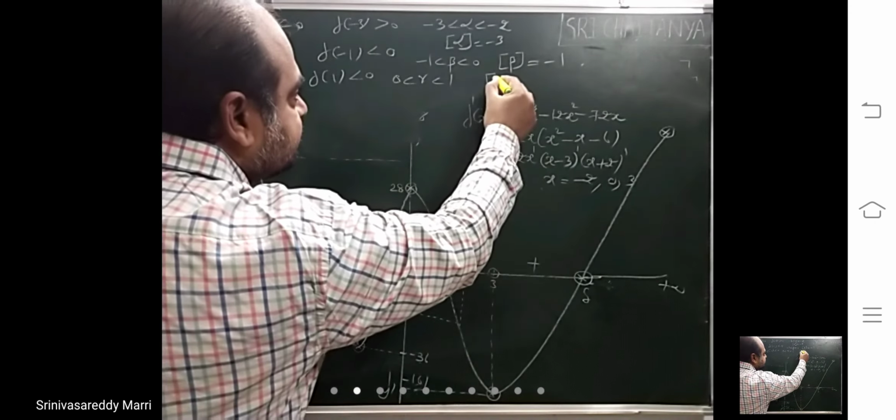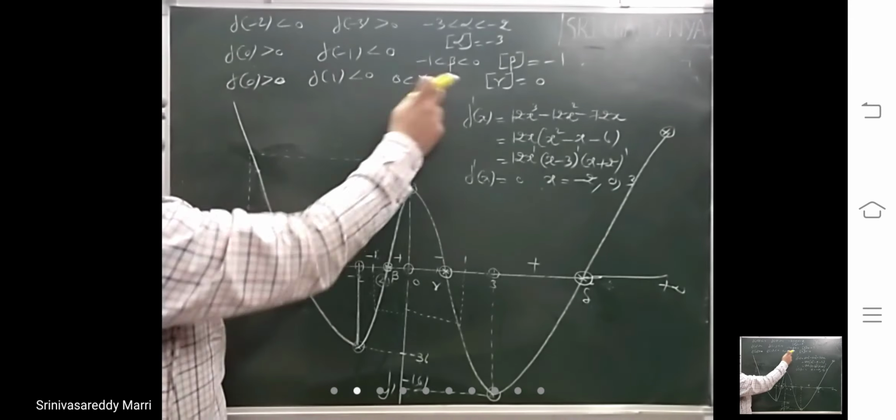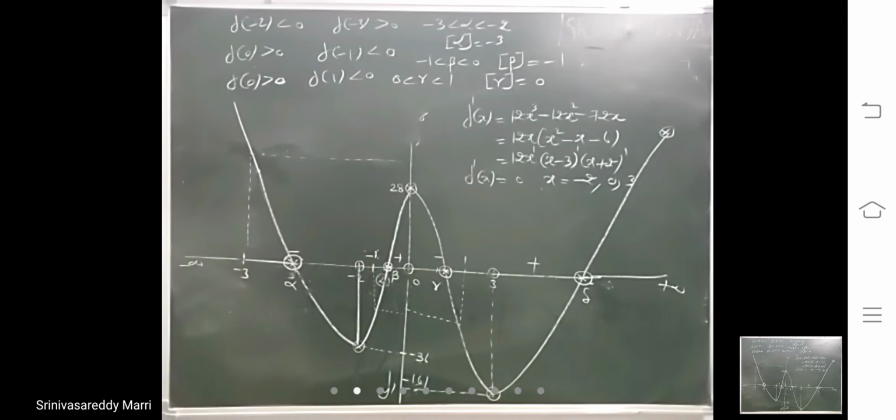That means the step of gamma is 0. If gamma lies between 0 and 1, the integer part is 0.